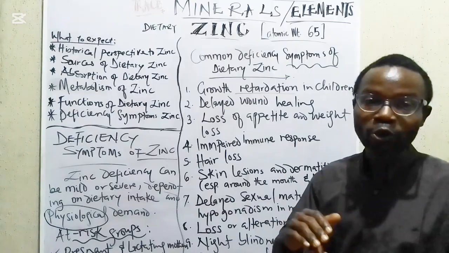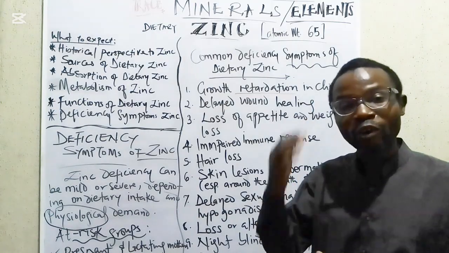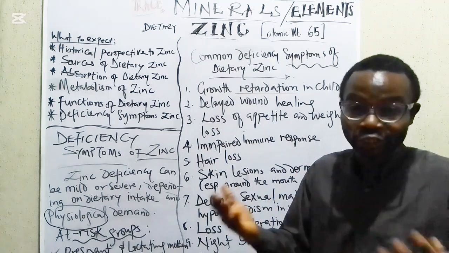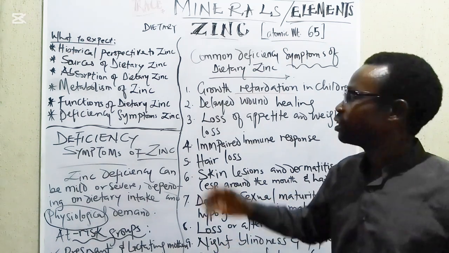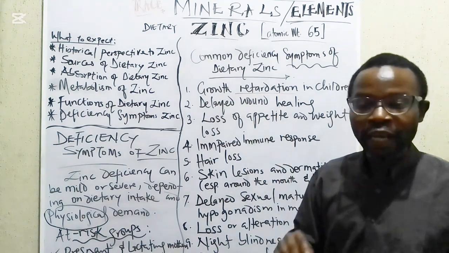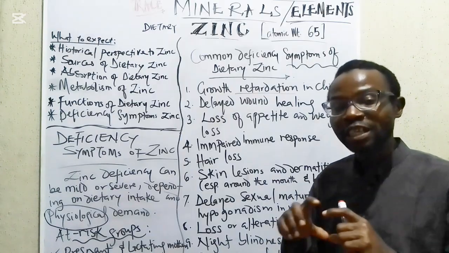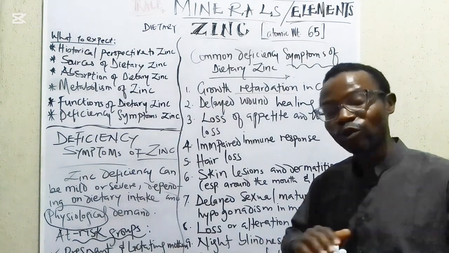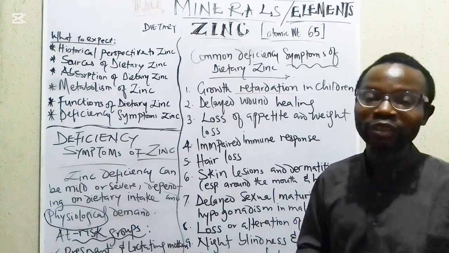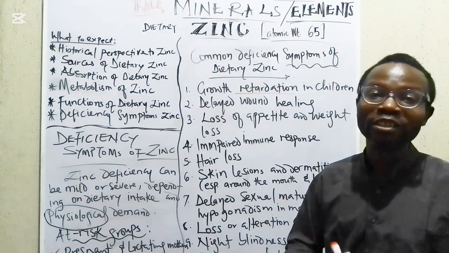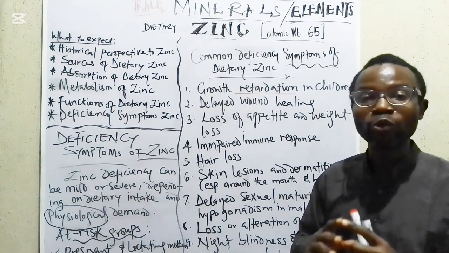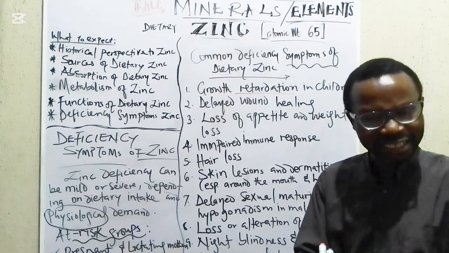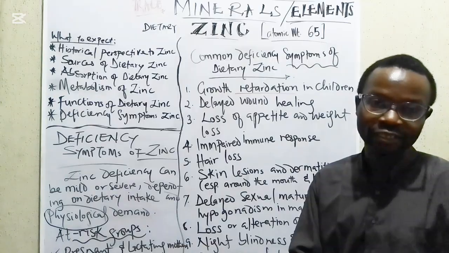So zinc helps control inflammation. Inflammation means swelling or distension, more technically. So zinc plays that role. And then in the actual healing process, zinc plays a role, including with the conclusion of it. Zinc plays a role in ensuring that the injury heals very fast, and also ensuring the integrity of the skin.